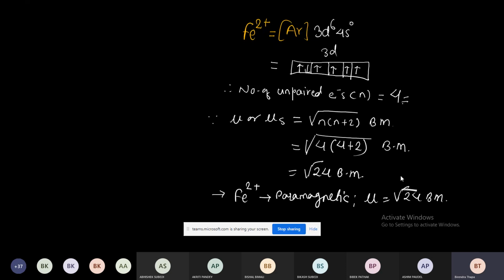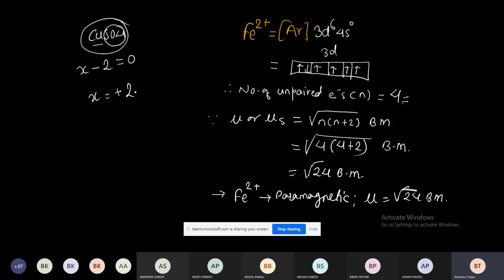First, write the electronic configuration of the given ion. If a compound is given, suppose for example copper sulfate is given, in that condition, first find the oxidation number of the central element. Copper is the central element, so find the oxidation number of copper here, X. Sulfate is a radical with charge -2. As a whole, the molecule is neutral, equal to 0. So you can calculate X equal to +2.